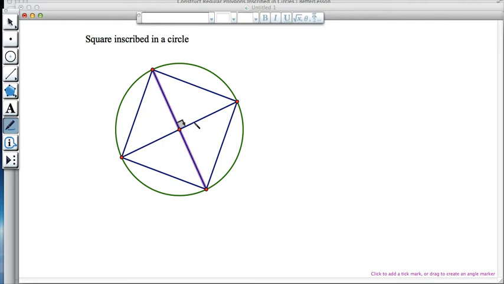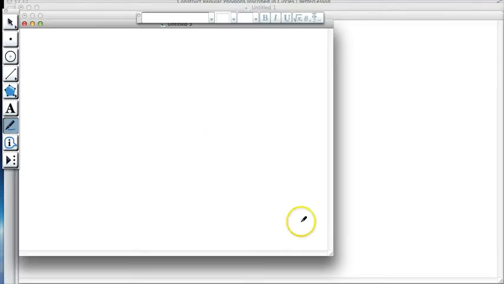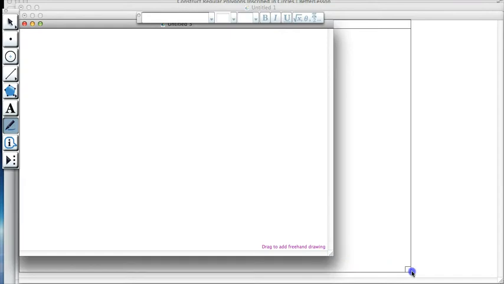Okay, so this information will come in useful as students are using compass and straight edge to construct their inscribed squares. Okay, moving on to the case of the hexagon. Okay, again, we'll start with a circle.